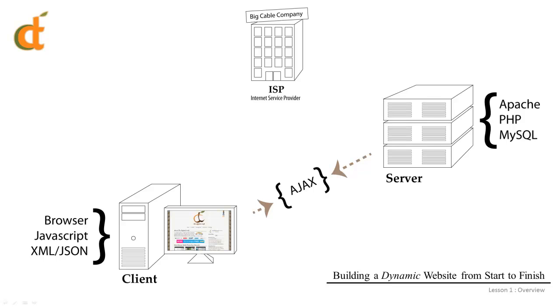And the magic of Ajax is that it allows us to use things like JavaScript to make a call to the server and grab data, put it into a format that the browser can read, such as XML or JSON. And when I mean the browser, I actually mean JavaScript or another client-side language, which allows us to give that feel that we don't have to reload the page every time we want new content to show up.